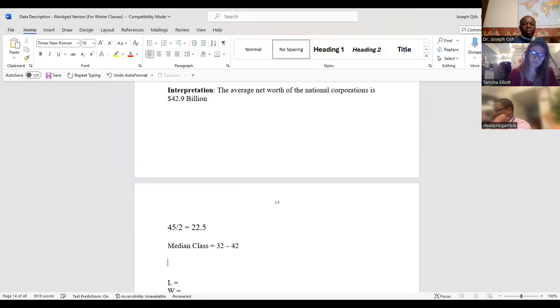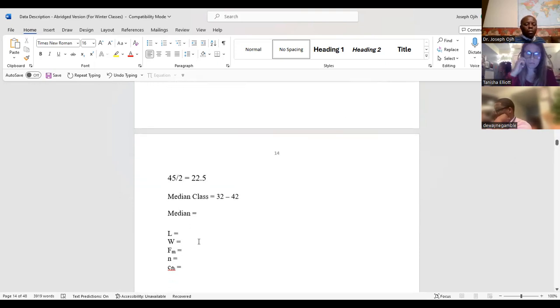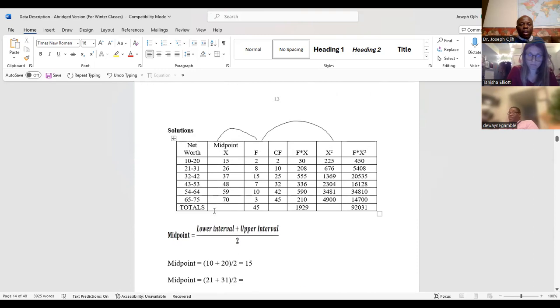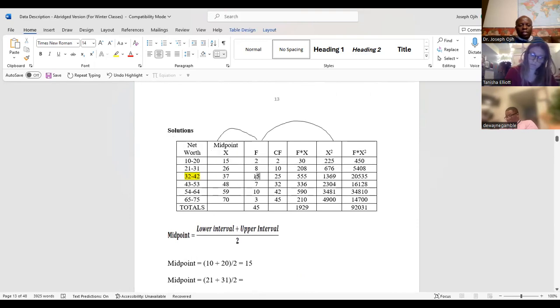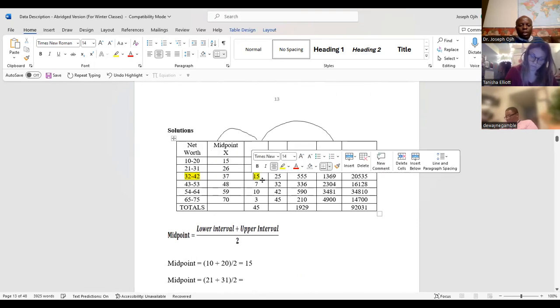And the median will now equal the midpoint of the median class. So if you look at the median class here, the midpoint of that class is not 15, sorry, my mistake.